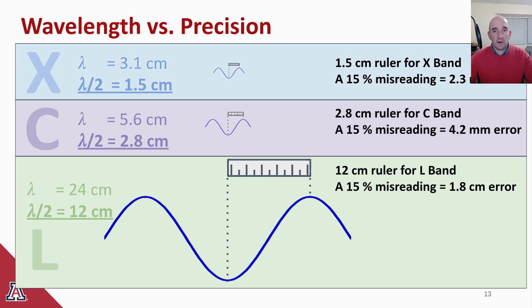This is equivalent to higher precision for X-band. Alternatively put, we could say that regardless of wavelength, I have 15% of electronic noise to deal with. 15% of my 12 centimeter L-band ruler is nearly 2 centimeters, but for X-band, 15% of 1.5 centimeters is only 2.3 millimeters.